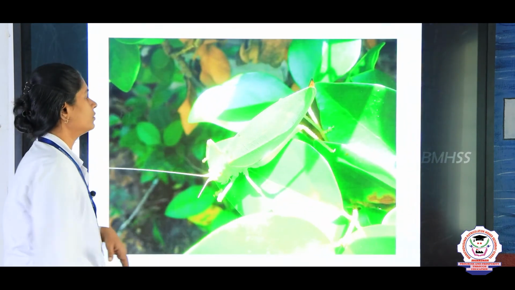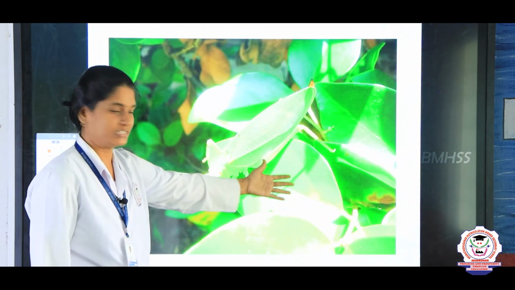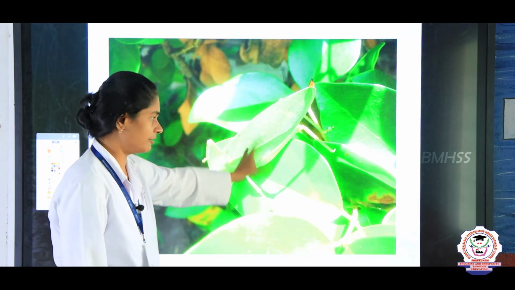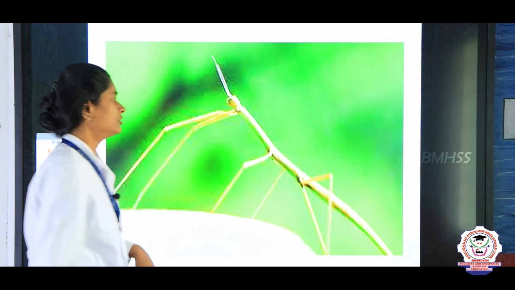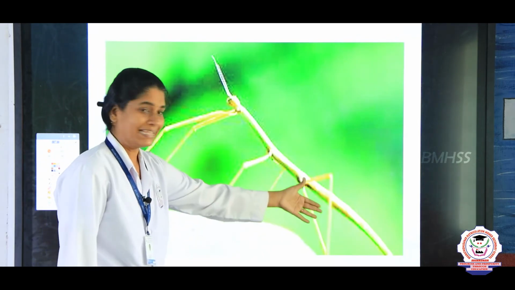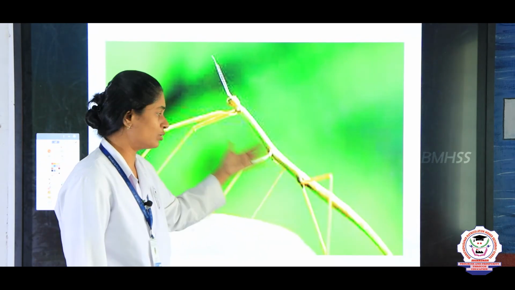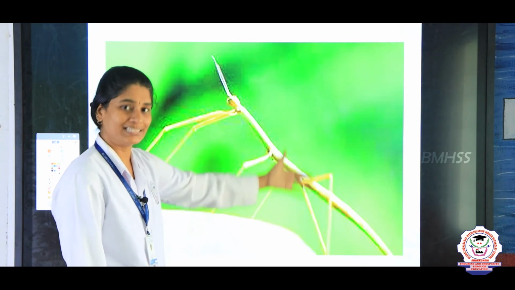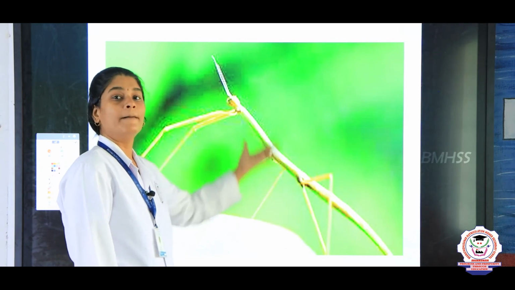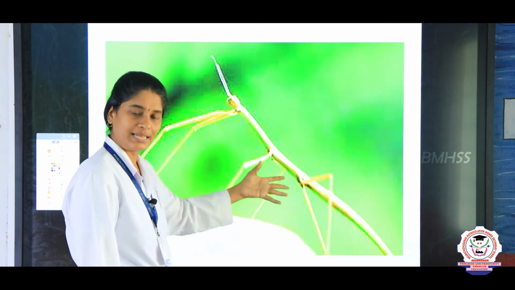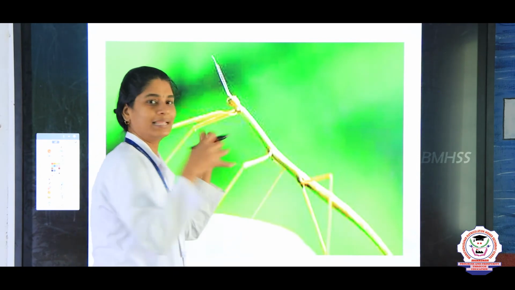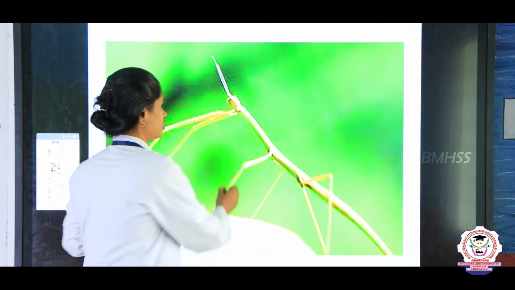You can see this is a leaf insect. We cannot identify the difference between the insect and a leaf, right. So, this leaf insect shows camouflage. Here is the stick insect. It just looks like a stick, but it is actually an insect. So, the other animals think that this is a stick and not an insect, and thereby this animal is getting saved because of its body structure.